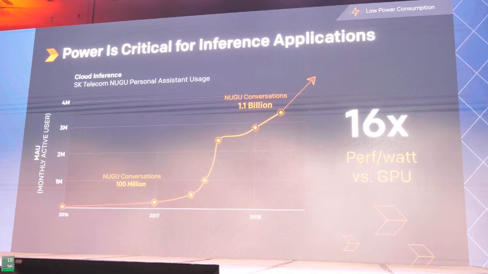So naturally, they were looking for some acceleration. Now, they started doing benchmarks of FPGAs against GPUs, and they saw that FPGAs gave them 5x better performance and low latency compared to GPUs. But interestingly, they got 16x better performance per watt compared to GPUs.